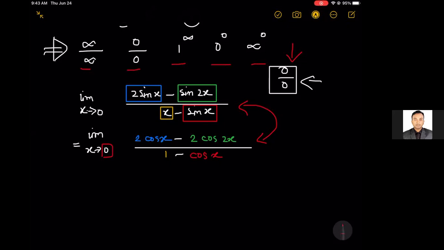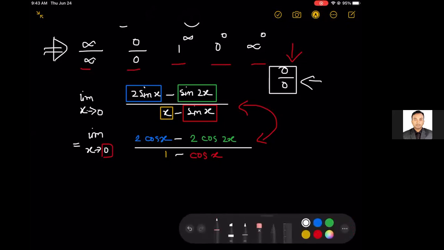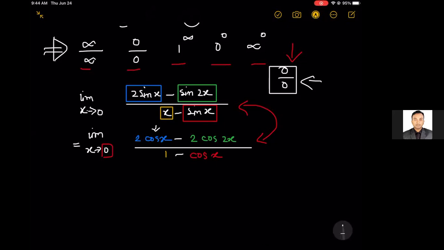Now if we plug in 0 in place of x, cosine x will be 1. This cosine 2x will be 1, so it will be 2, sorry, because cosine 0 is 1, right?